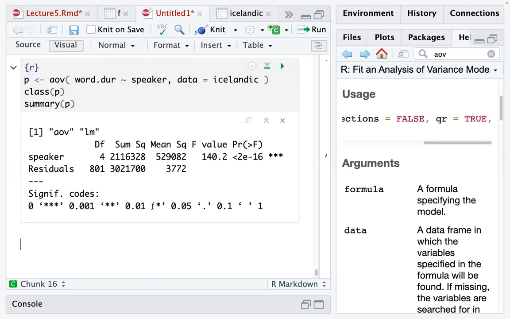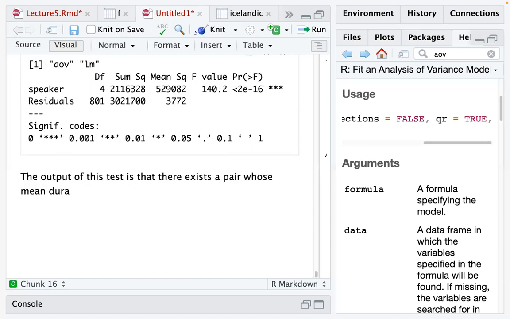But the output is that there exists a pair whose mean duration of words is very likely different.